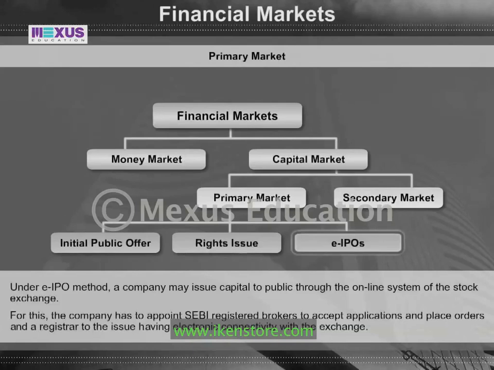The company can apply for listing of its securities on any exchange other than the exchange through which it has offered its securities. The lead manager of the company coordinates all the activities amongst intermediaries connected with the issue.